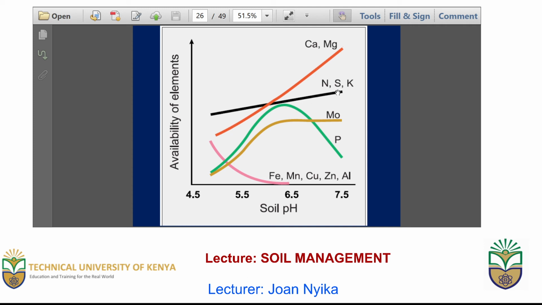applies to nitrogen, sulfur, and potassium, that at low pH, they are available in very low amounts compared to high pH. But look at the other extreme in the case of iron, manganese, copper, zinc, and aluminium. At low pH, that is acid soils, they are available in very high amounts.